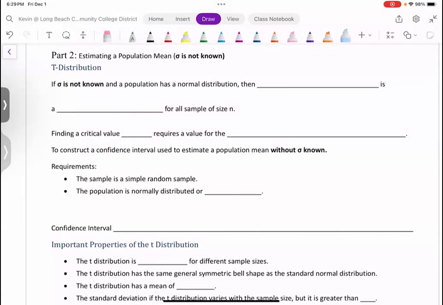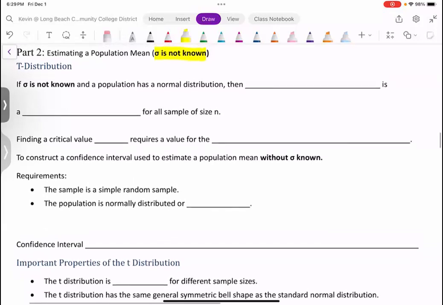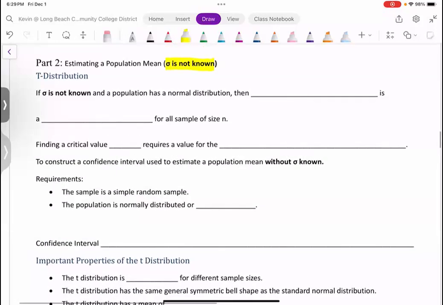The t-distribution. This is if sigma is not known. Then we use a t-distribution. If sigma is not known and a population has a normal distribution, then we have t is equal to x bar minus mu divided by s divided by root n.